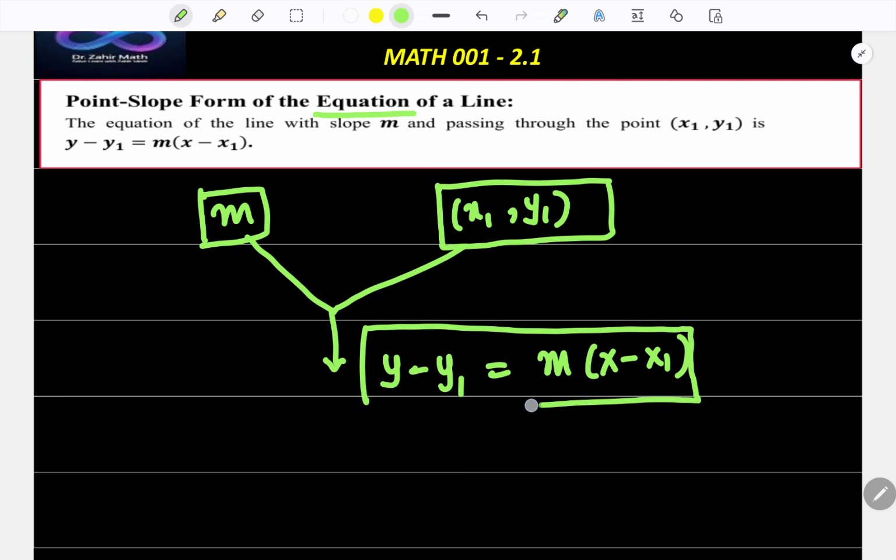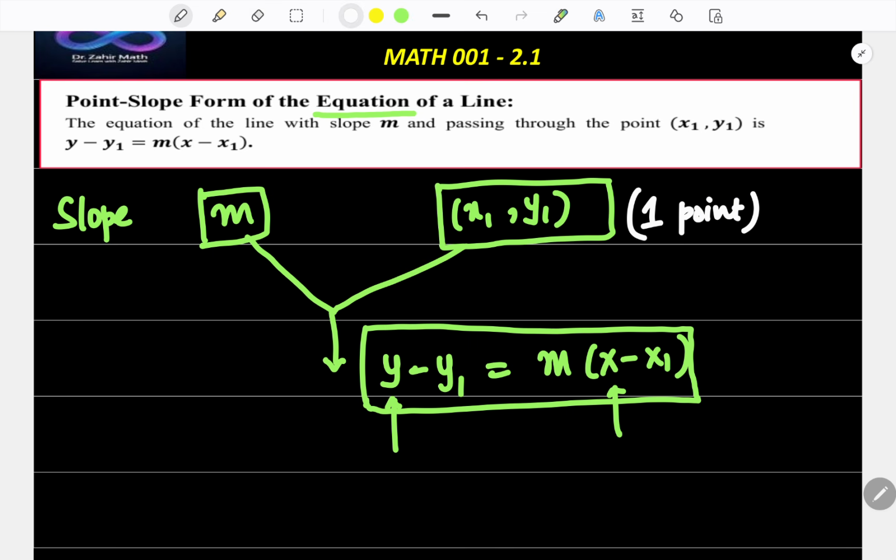Equation means, remember everybody, y should be there, x should be there. The x1, y1 point you are going to put in. All of you clear? Right.